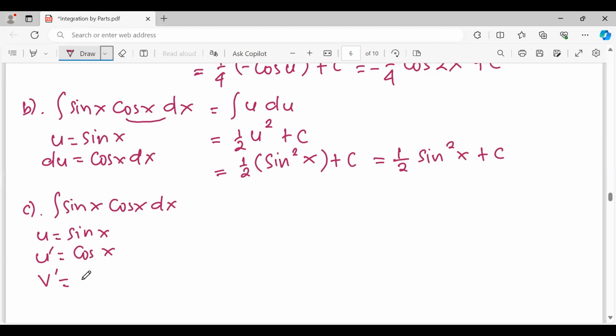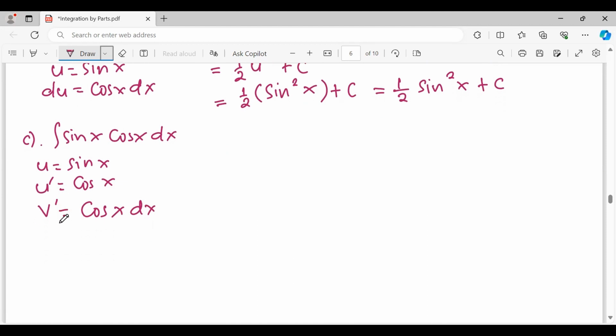Derivative phi is cosine x dx, so phi is integral cosine x dx, which is sine x plus c.